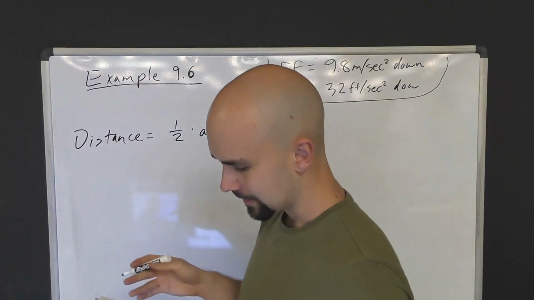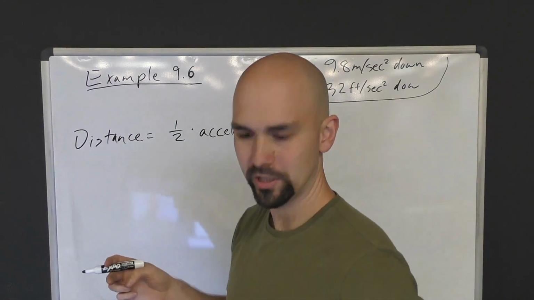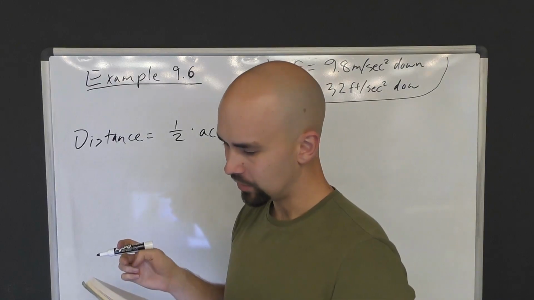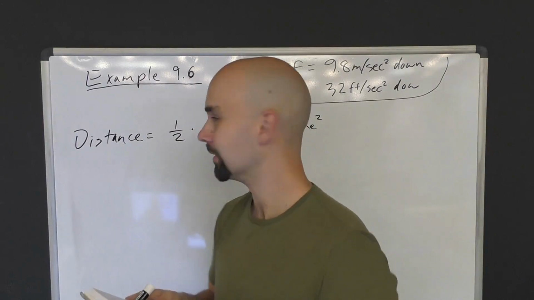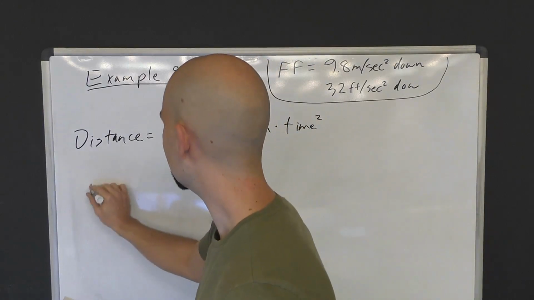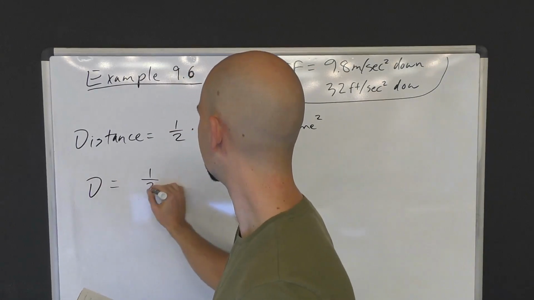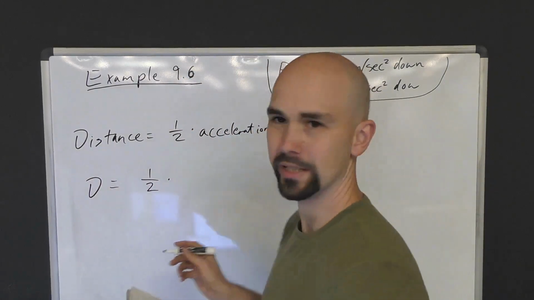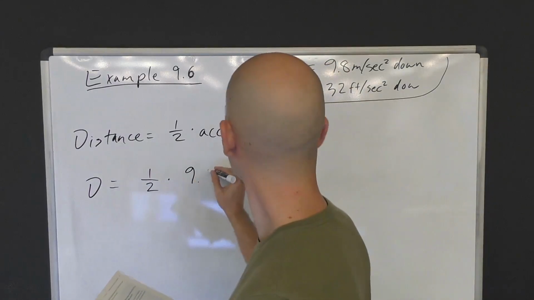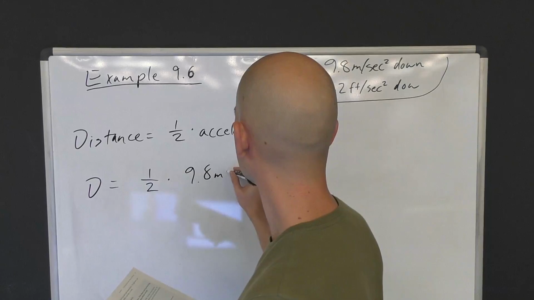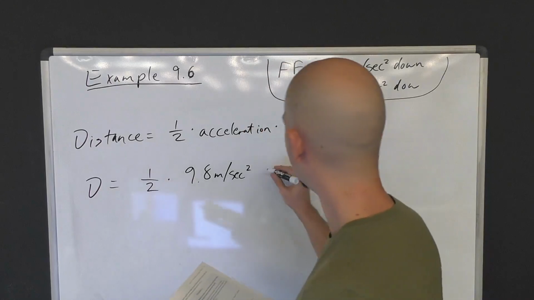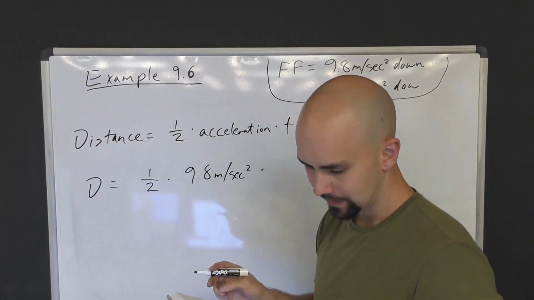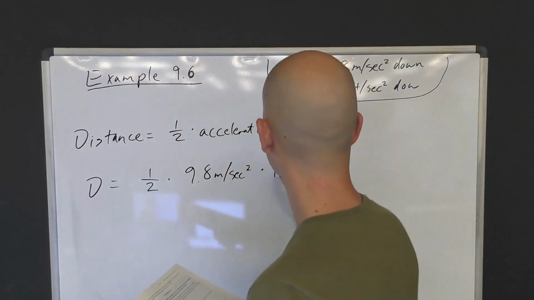All right, so we already have all the information we need. The woman's on the bridge, and it takes 1.2 seconds for the rock to hit the river. So let's just fill this out. D equals 1/2 times, in our acceleration, we're dealing with meters, so that's going to be 9.8 meters per second squared, down, of course, times our time, which is 1.2 seconds.